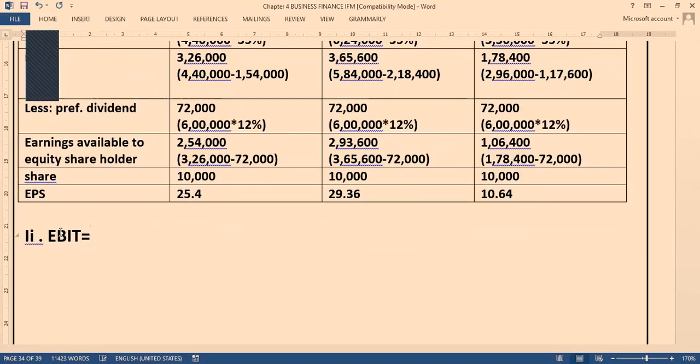Before that, we have to find the percentage change in EPS at 30%.